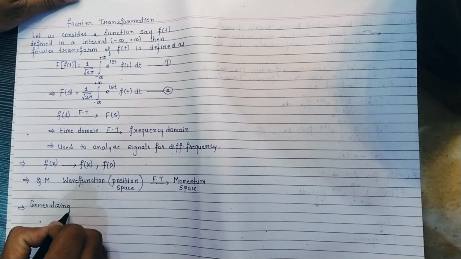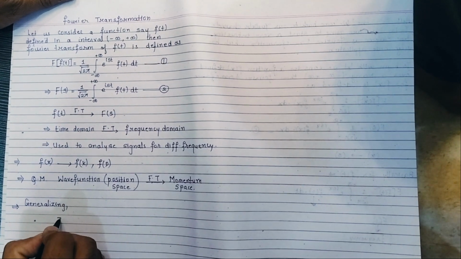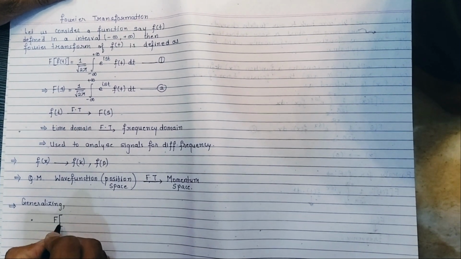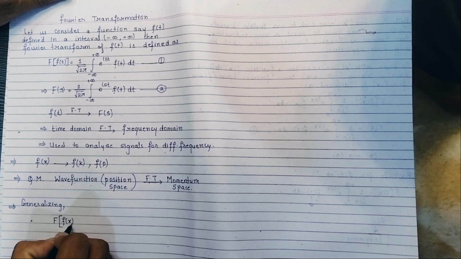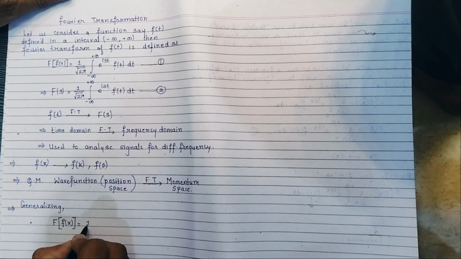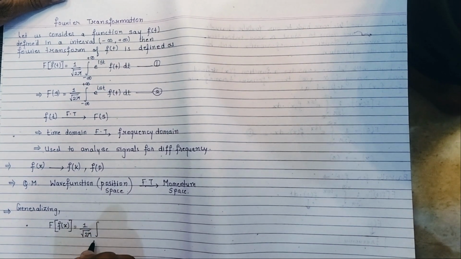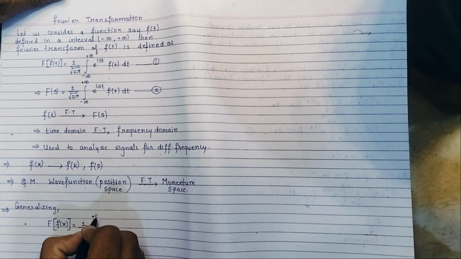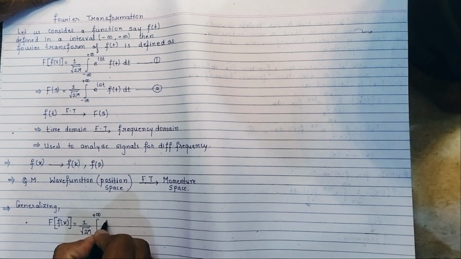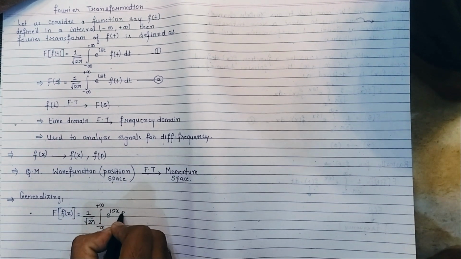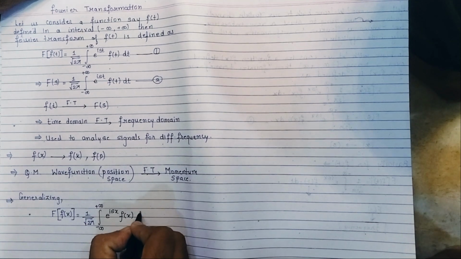So generalizing this, we can write down that the Fourier transformation for any given function f of x can be written as 1 upon under root of 2 pi, integral from minus infinity to plus infinity, e to the power isx, f of x dx.